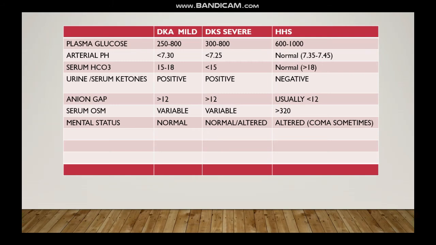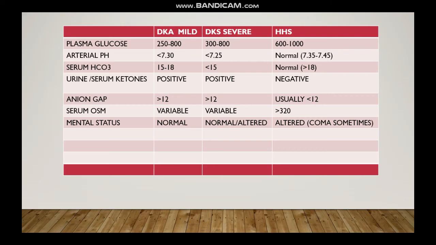This table is very self-explanatory. In mild DKA the plasma glucose is around 250 to 800. In severe DKA it's 300 to 800. I'm sorry guys, it's written wrongly as DKS; it should be DKA.